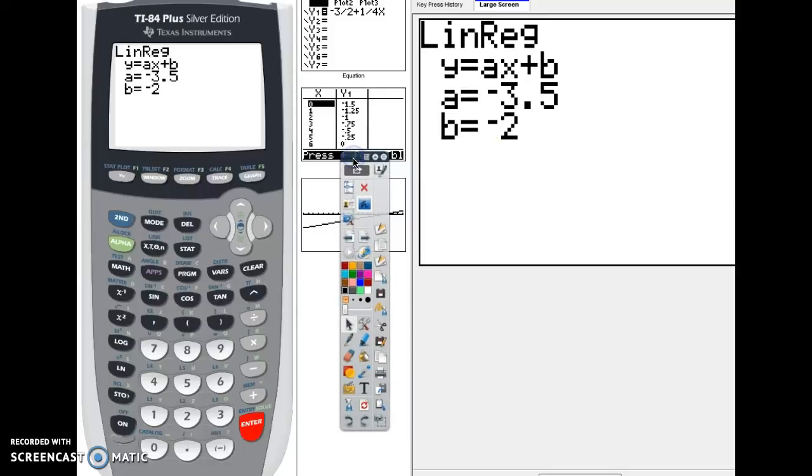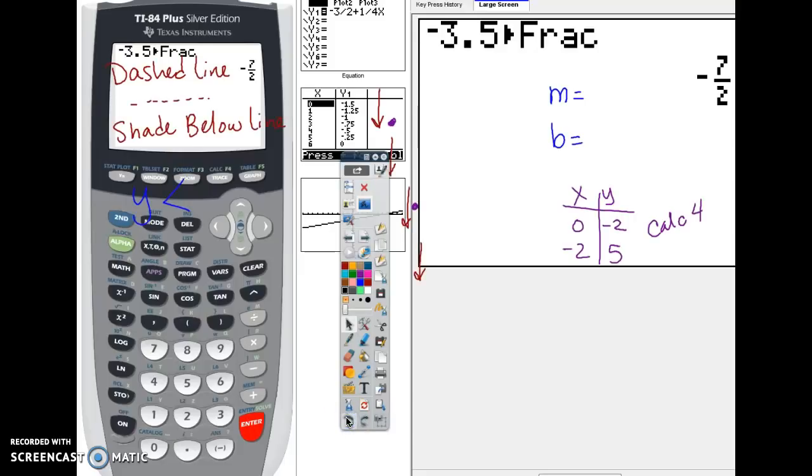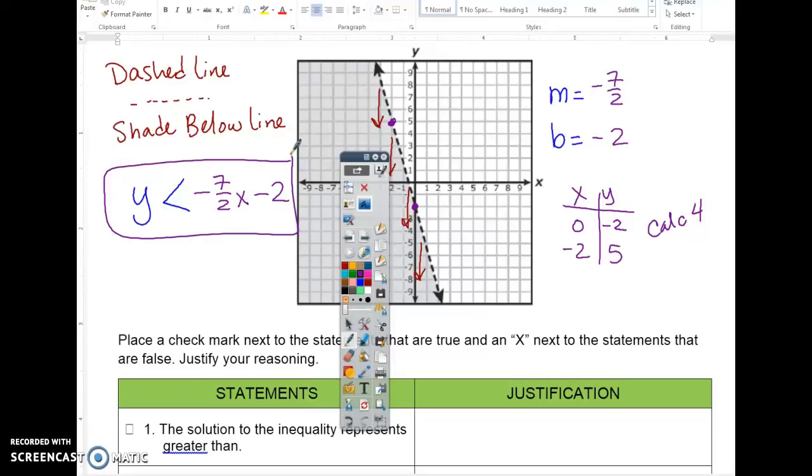Okay, so this is my equation, y equals -3.5x minus 2, and we can change that to a fraction. -3.5, math, enter, enter, is -7/2. That's your slope. So let's go write it down on our paper. The slope is -7/2, and the y-intercept was -2 because the equation was -7/2x minus 2. Okay, this is the equation.